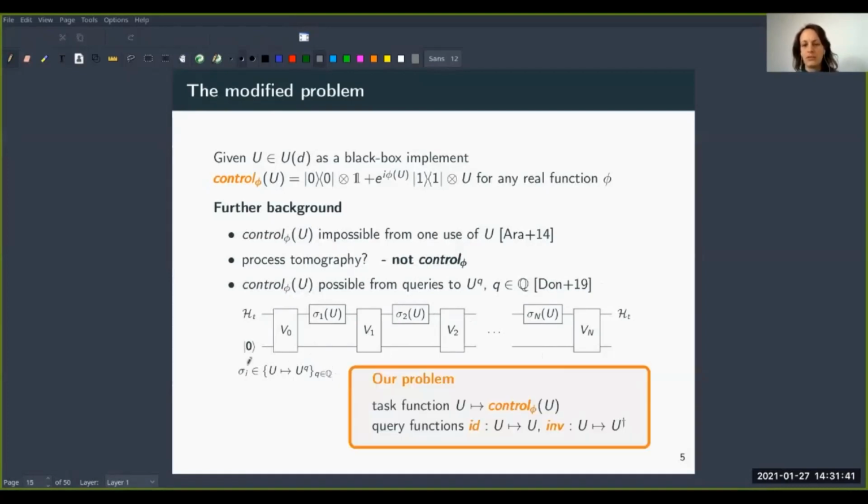We, however, want to allow only queries to U and U dagger, so our query functions will be the identity and the inverse. It might seem strange that I use operator functions to represent everything, also what we want to implement, and also the queries, but this is actually crucial to getting to our result.